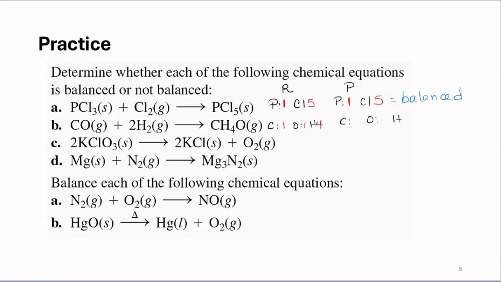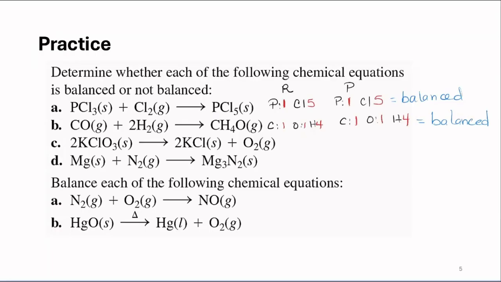When I look at the product, I have 1 carbon, 4 hydrogens, and 1 oxygen. That means that that second chemical equation is also balanced.